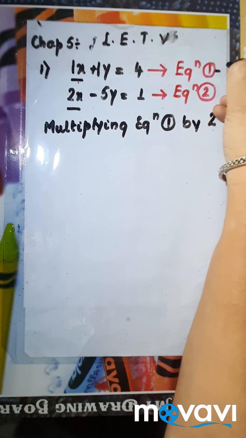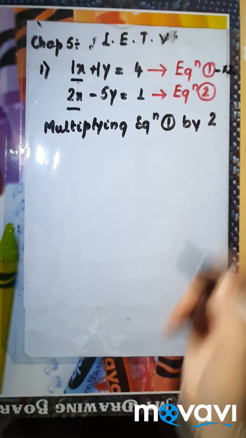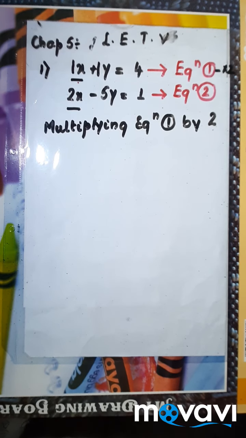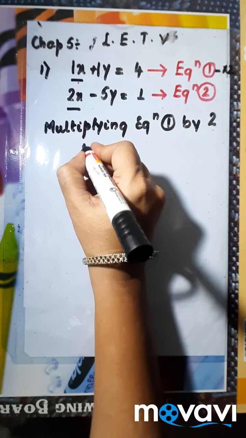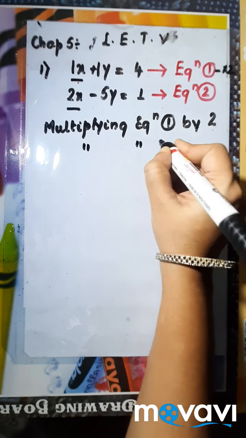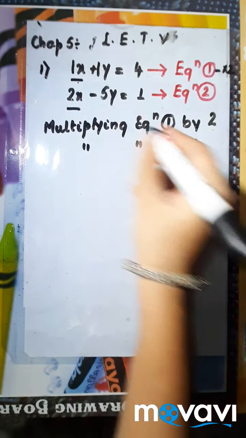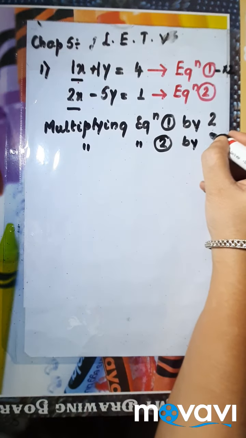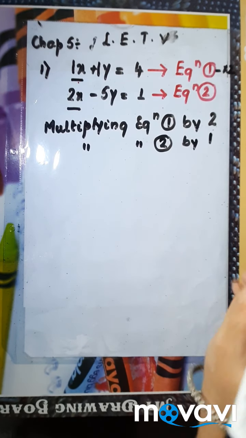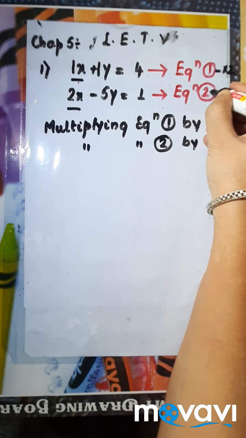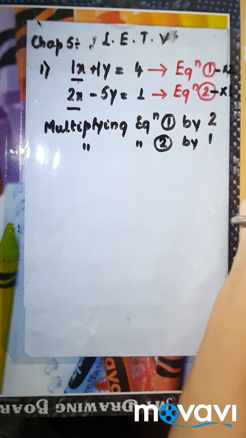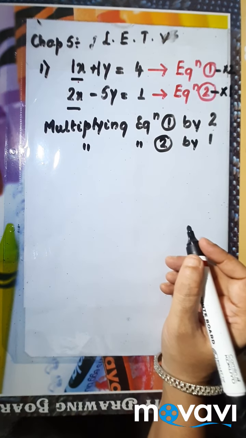So actually I am multiplying this equation by 2. And this equation, multiplying equation 2 by this coefficient. We just change the coefficient. So here we will put 1. So multiplying by 1 doesn't make a difference, right? So I'm going to multiply this equation by 1. I'm going to multiply this equation by 2.